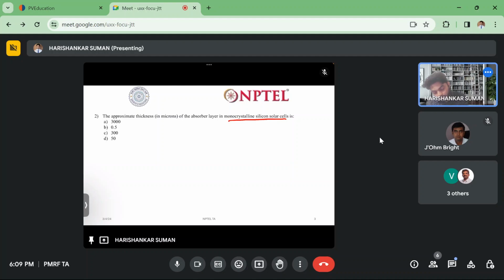So answer C is correct. 300 micron thickness of a monocrystalline silicon solar cell is sufficient to generate electron hole pairs efficiently.